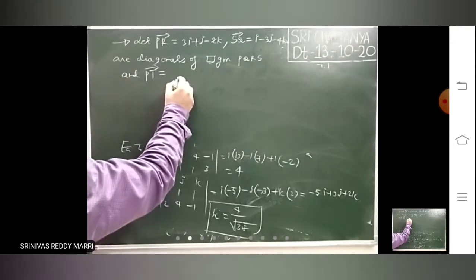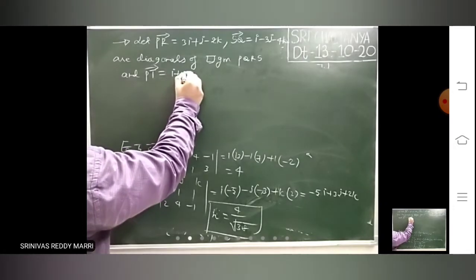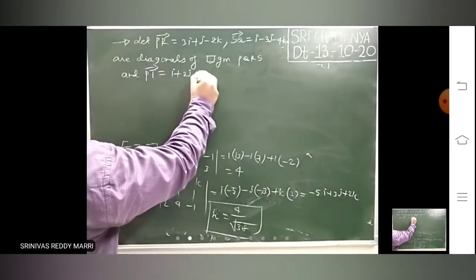And PT bar is nothing but I plus 2J plus 3K, one more vector is given.